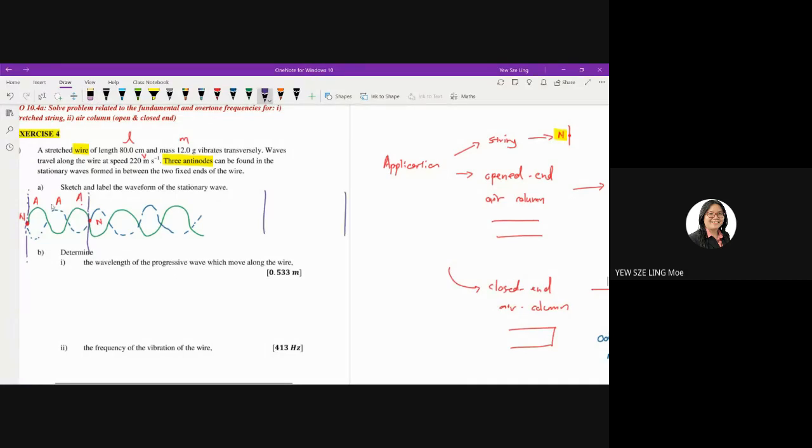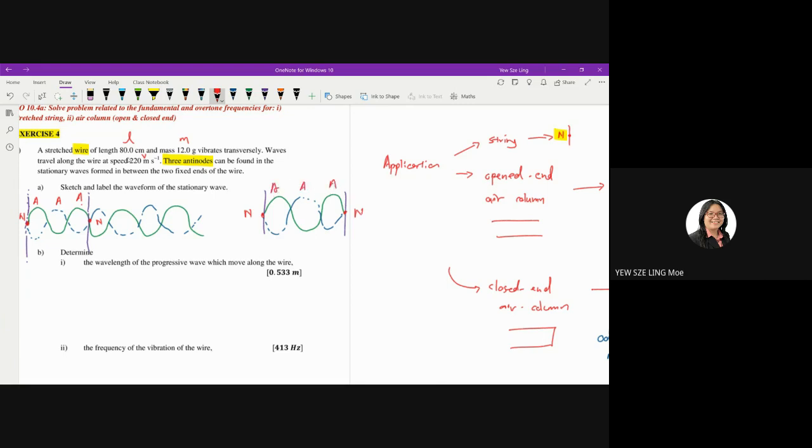I'm going to move this part out. So the green part looks like this, I crop it out, and then the blue part. So this is the answer for question 8, with 2 nodes at both fixed ends and 3 antinodes in between them.